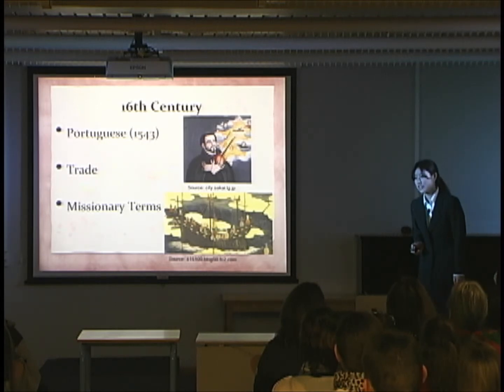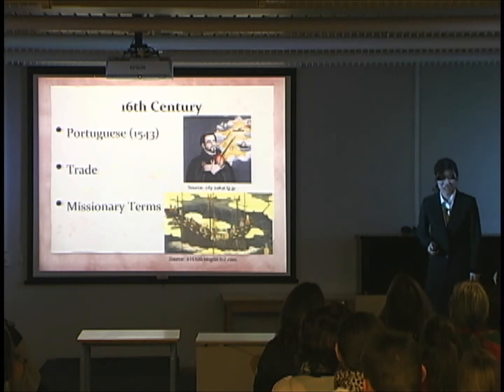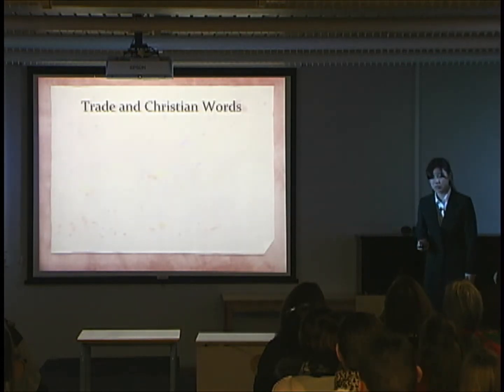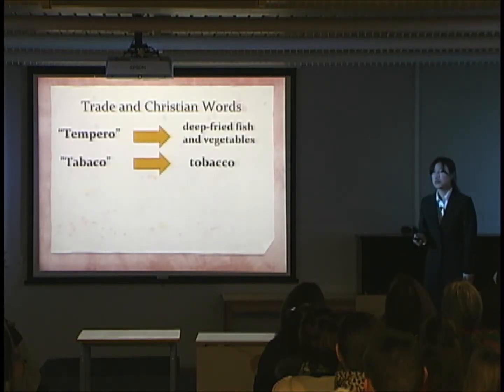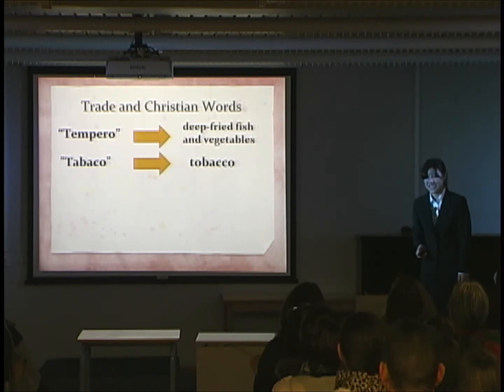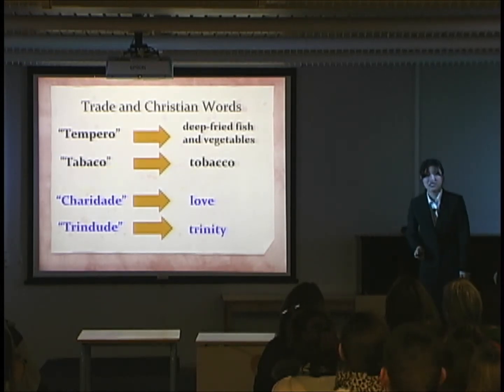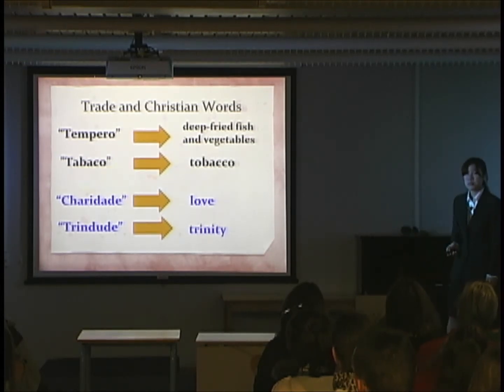About 4,500 loanwords from the Bible were introduced into the Japanese language. Here are examples. We borrowed tempura and tobacco as trade terms. These are famous words which came from Portuguese at this time. We also borrowed charidade and churindude as Christian words.